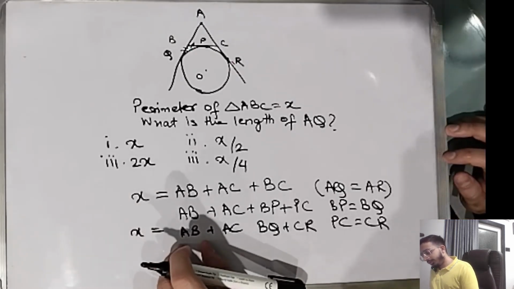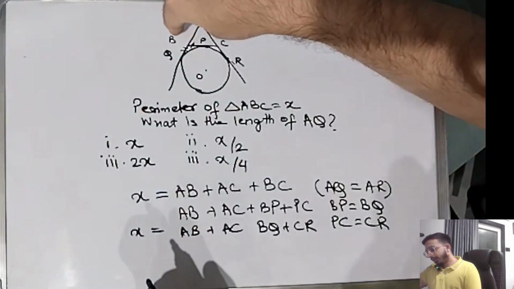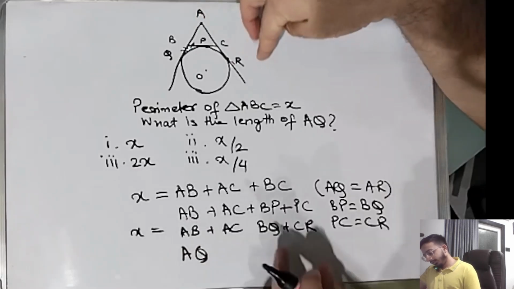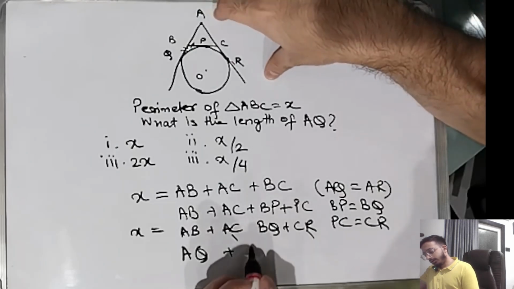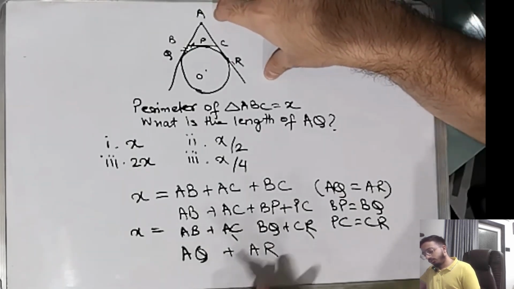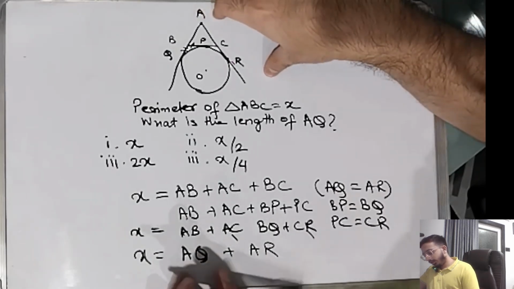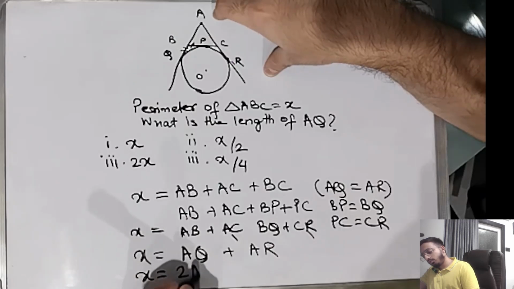Now we have got AB, AC, BQ and CR. So I can combine AB and BQ to write AQ, and I can combine AC and CR to write AR. So now I've got the equation in terms of AQ and AR. And I also know that AQ is equals to AR, so I can write X equals to 2AQ.